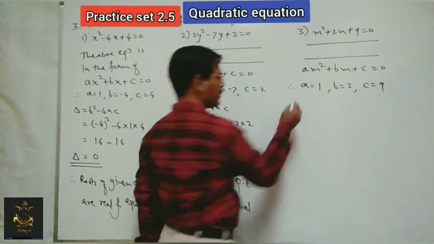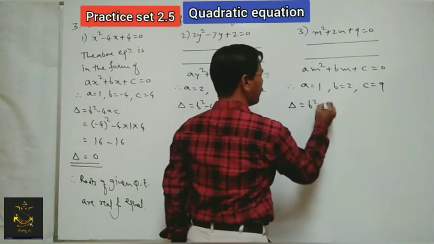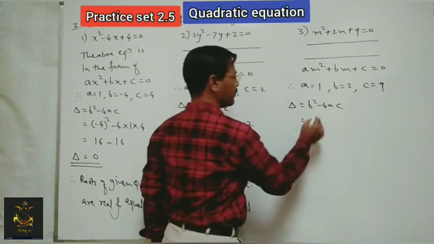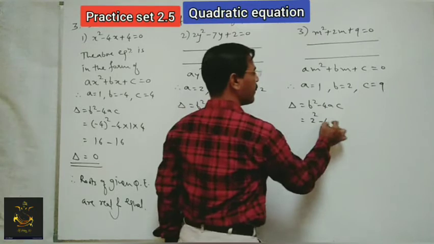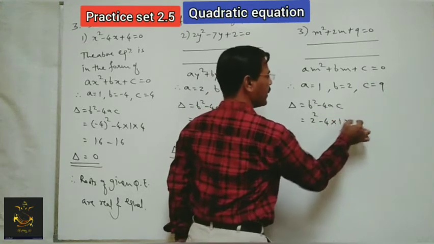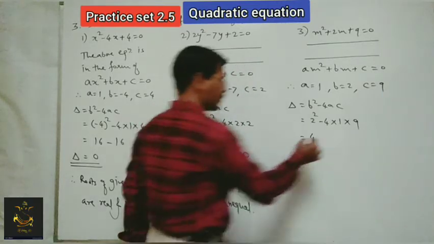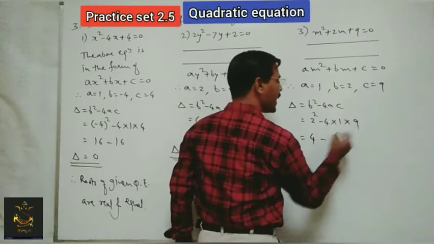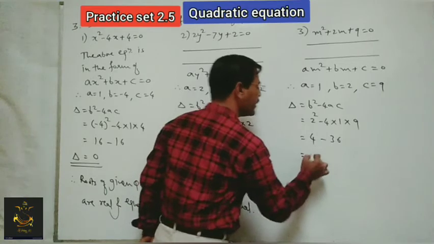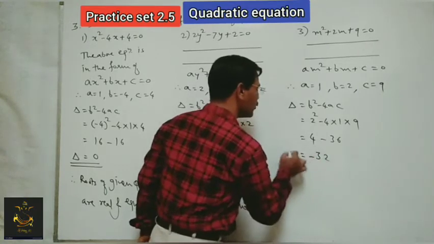Just compare here. So delta, which is b square minus 4ac: b square, that is 2 square, minus 4 into a is 1 and c is 9. So 2 square means 4, minus 4 ones are 4, 4 nines are 36. Here it is minus 32.